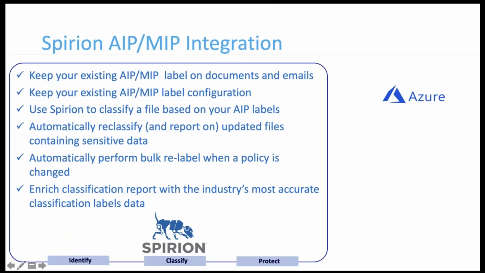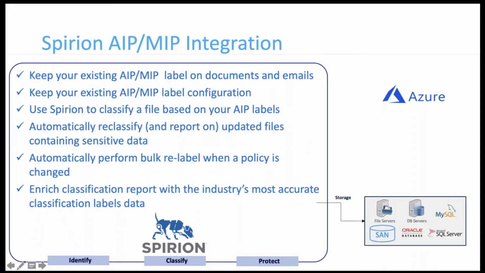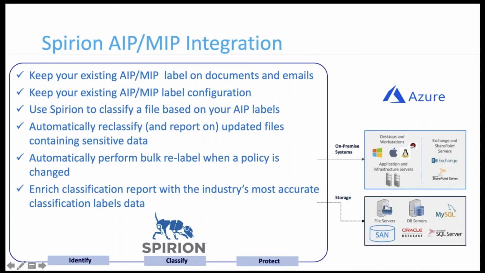And one of the benefits to using the two together is that you'd be able to extend out the Spirion solution, which is going to allow you to perform all of those activities in your storage environments, on premise, all the things that you were getting previously with the Spirion platform, automatically bulk labeling and classifying all of that data. You can now incorporate into that universe all of the sensitive information within your cloud environment.